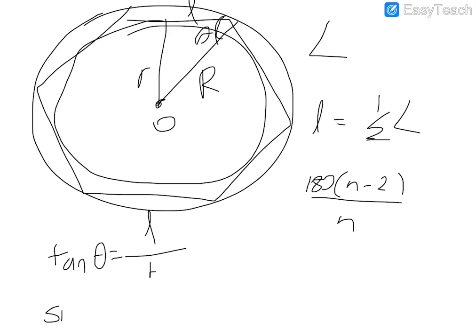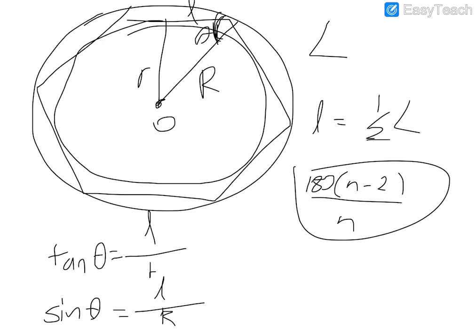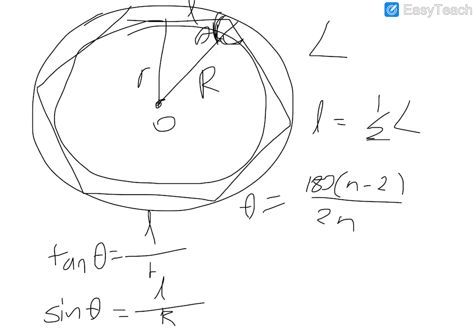And then we also say that sine theta is equal to little l over big R because of the trigonometric ratios. Also keep in mind that this angle theta isn't equal to 180 times n minus 2 divided by n. It's actually 1/2 of that, because we split the angle in half here. So theta is equal to this over 2, basically.